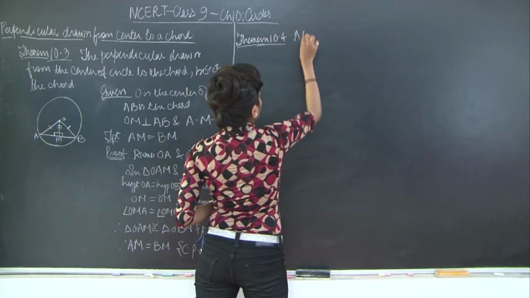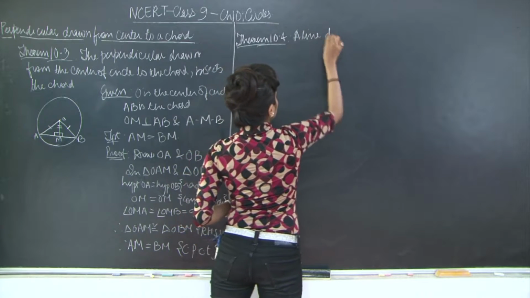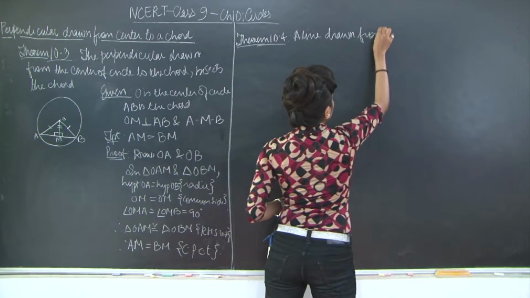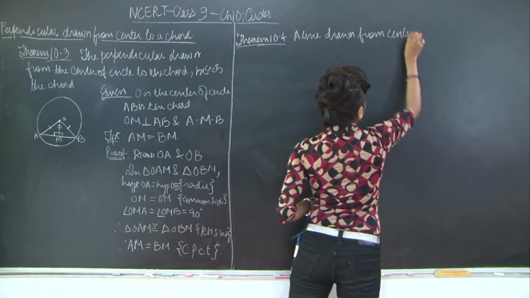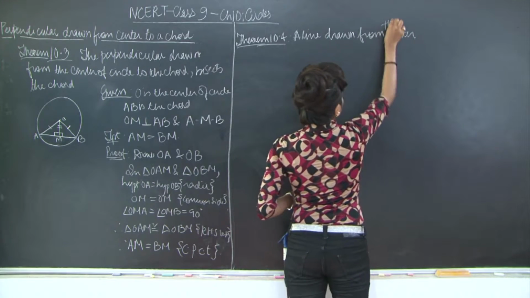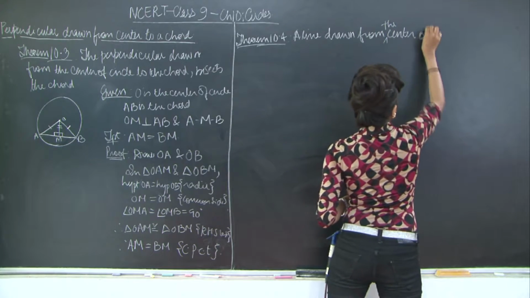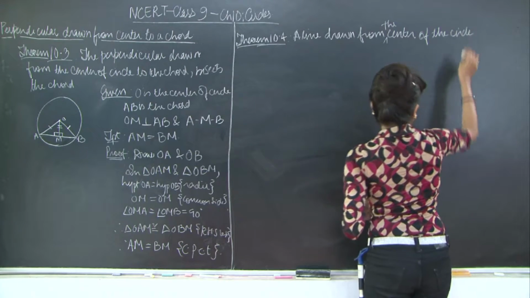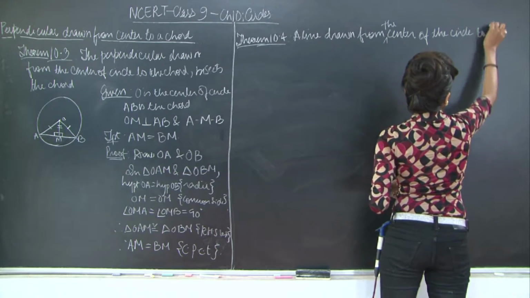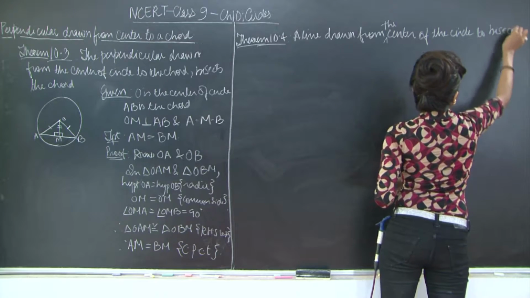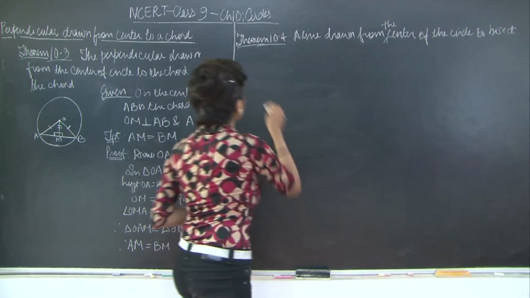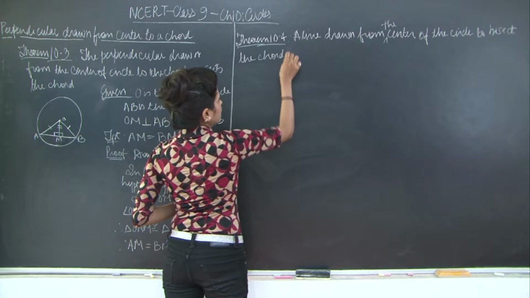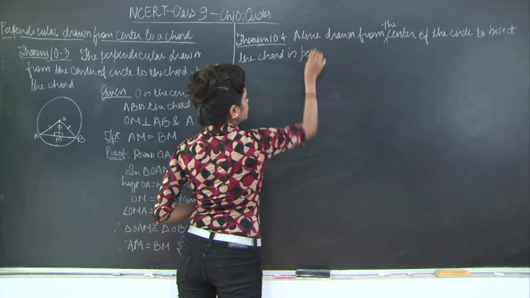A line drawn from center of the circle, to bisect the chord is perpendicular to the chord.